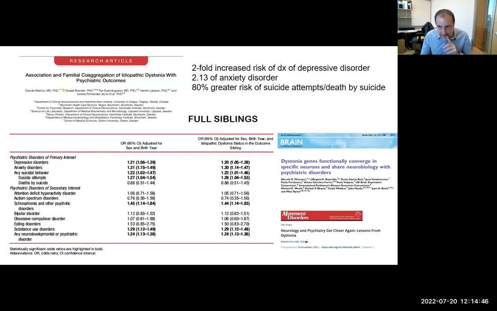We conducted a couple of years ago a population-based study using Swedish registries with colleagues from the Karolinska Institute in Stockholm, to confirm the association between psychiatric disorders and isolated dystonia.